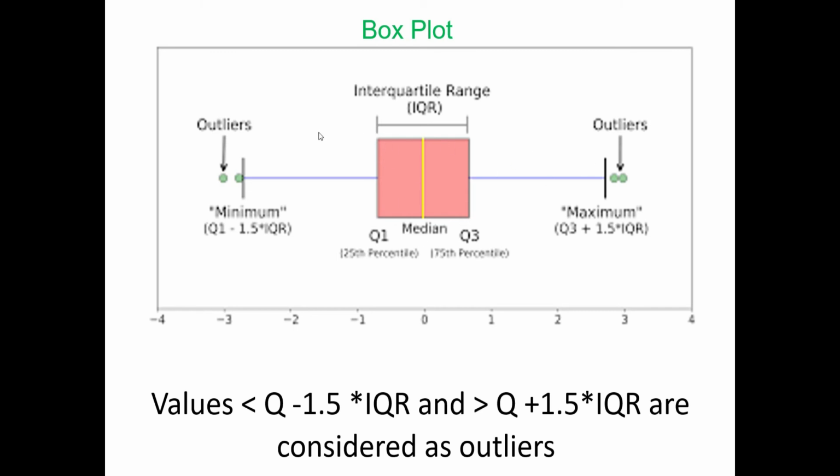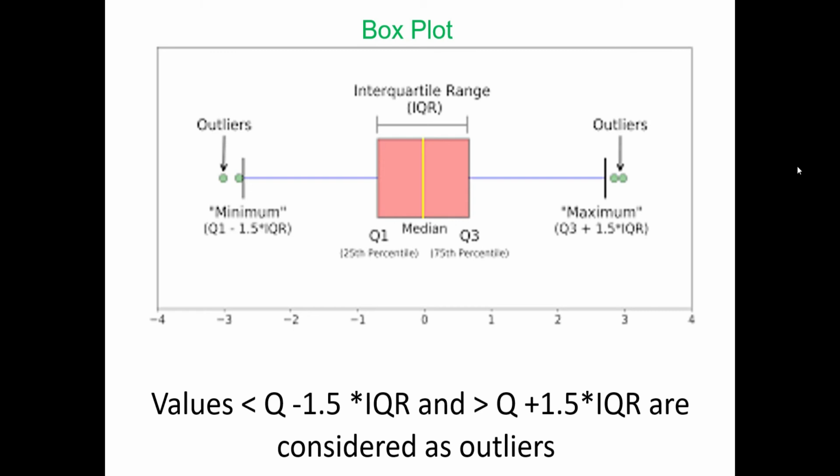This is the interquartile range, and these are the 5 values: minimum, maximum, median, 25%. So any value which is less than here, or a value here. Just see, Q3 plus 1.5 interquartile range, Q1 minus 1.5 interquartile range.